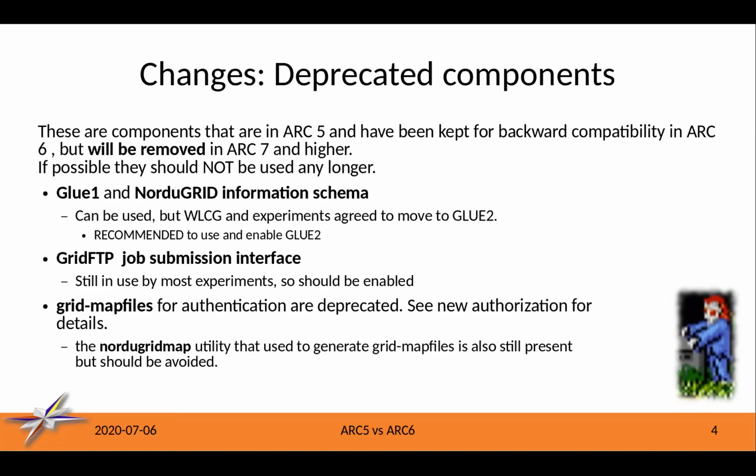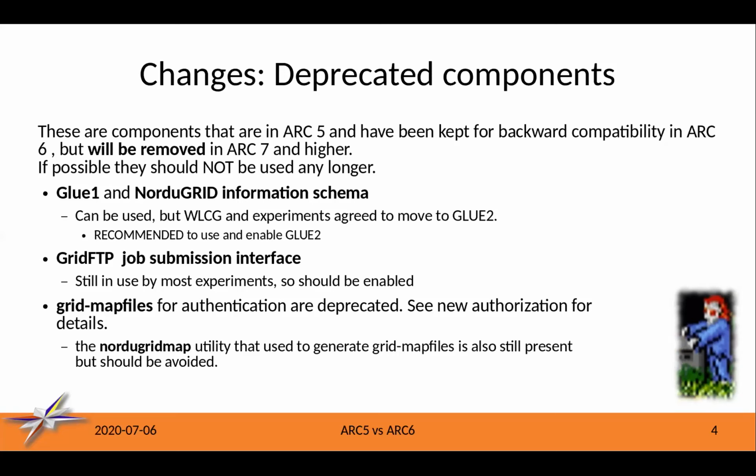And last but not least, in the grid world we had these grid map files for authentication, and we are deprecating them. These were files containing the DNs of users that are allowed. There are many reasons why it is not a good practice to keep DNs of people in the folders of your system. So we provided alternative solutions for this.